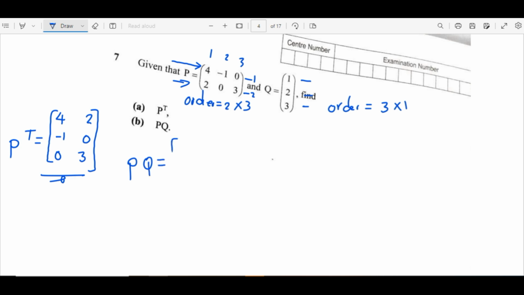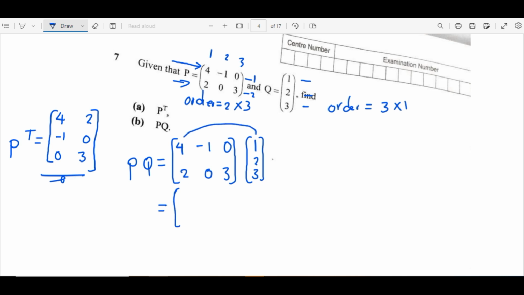PQ. So first begin by writing the matrix for P. Then Q. We are going to use row by column.